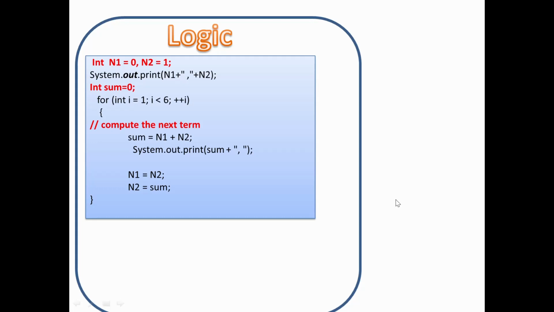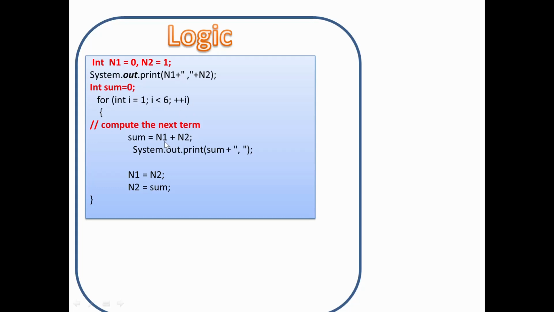After that, I will take one for loop, and in that for loop, I will take one integer variable, i equal to 1, i less than 6, and i plus plus. So here the condition is executed up to less than 6. Then sum equal to n1 plus n2. What is the initial value here? Already n1 and n2 I have printed before the for loop.